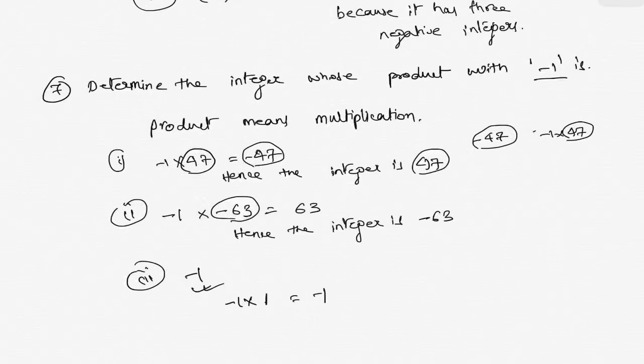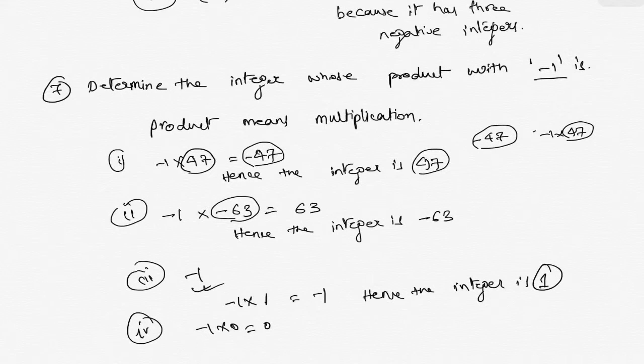Okay, so hence the integer is 1. Now the fourth problem, you see, minus 1 into 0 is equal to 0. Okay, because to get 0, you have to multiply minus 1 with 0. So minus 1 into 0 is 0. Hence the integer is 0.